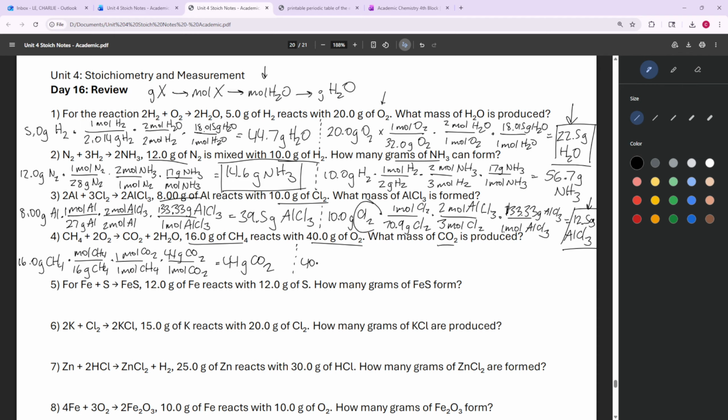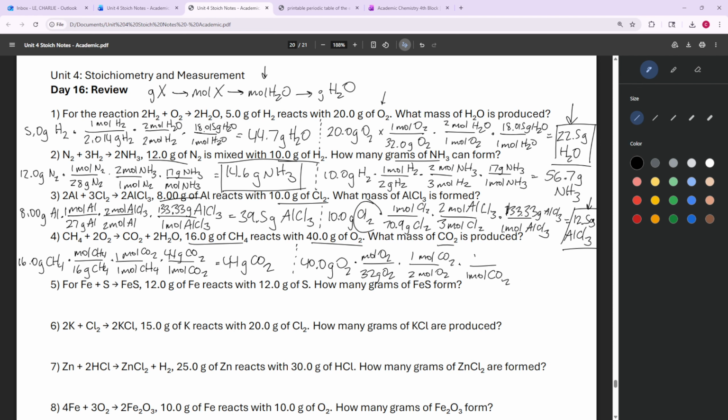And if we take a look at 40.0 grams of oxygen, it'll be 32 grams of oxygen for every mole of oxygen. Then here it's a 2-to-1 ratio, 2 moles of oxygen for every mole of carbon dioxide. So we're multiplying by 1/2 there. And then finally, times its molar mass.